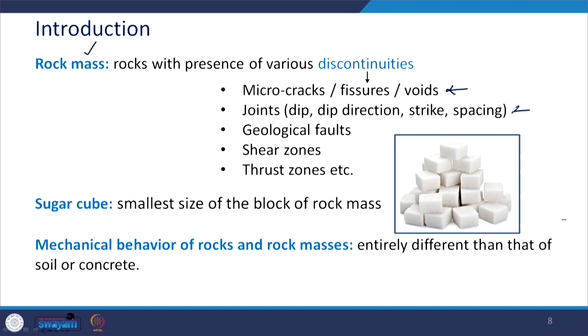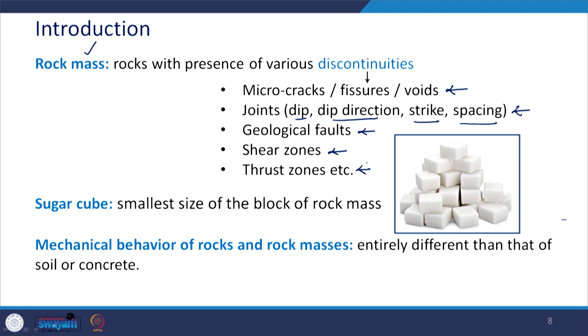These can be called joints. Of course, these joints are defined by dip, dip direction, strike and their spacing. There can be geological faults. The discontinuities can be in the form of shear zones or thrust zones.